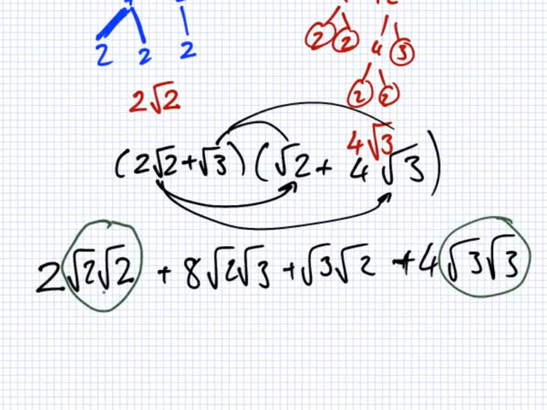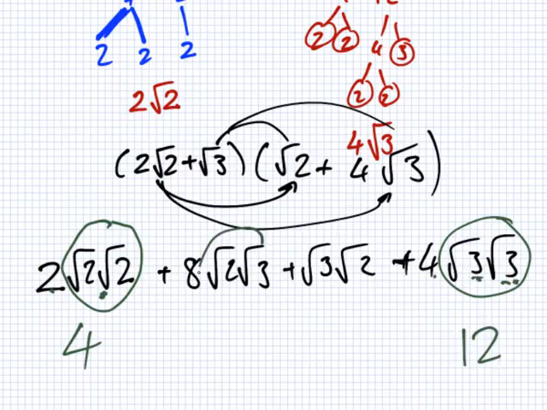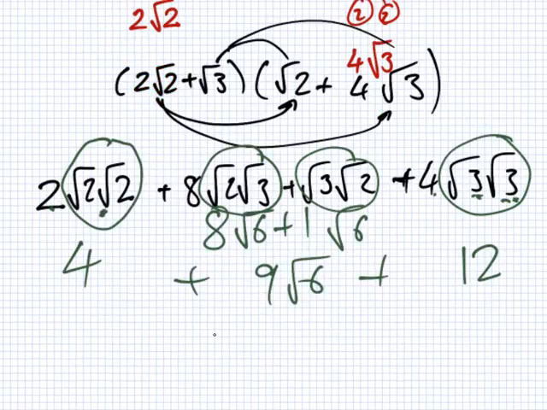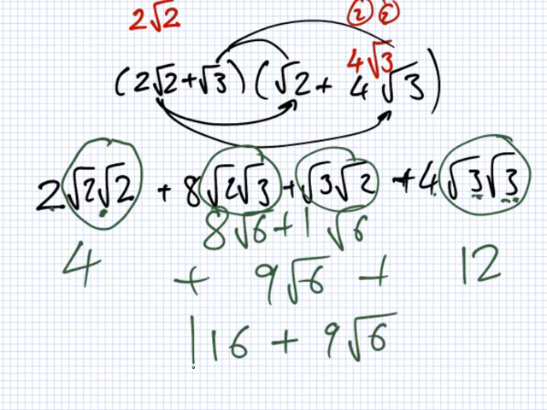So this one becomes 2, and 2 times 2 is 4. And this one is 3 with the 4, 12. This one becomes root 6 and this one root 6. So 8 root 6 plus 1 root 6, 9 root 6. So finally we have 16 plus 9 root 6 as the final answer then.